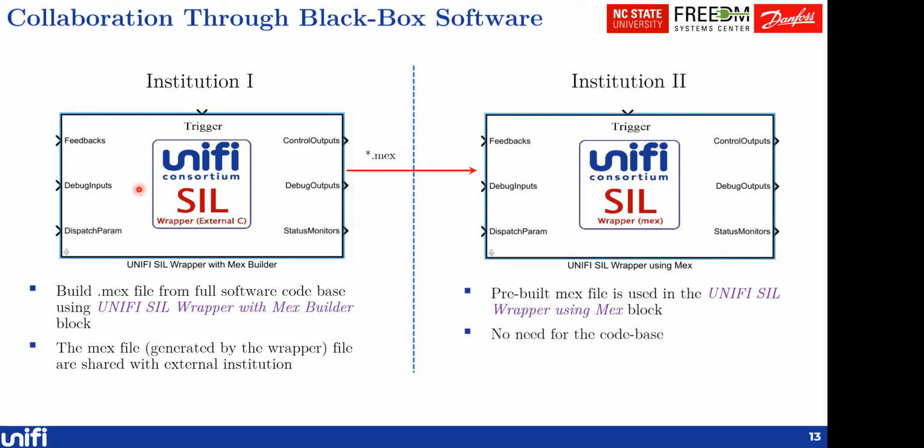And if you are in institution 1 and you are trying to be even more careful and you don't even want to let institution 2 know what the update rate of your control software is, you can also do that. But I'll not get into the detail of how that would work. If somebody is interested, we can definitely talk.